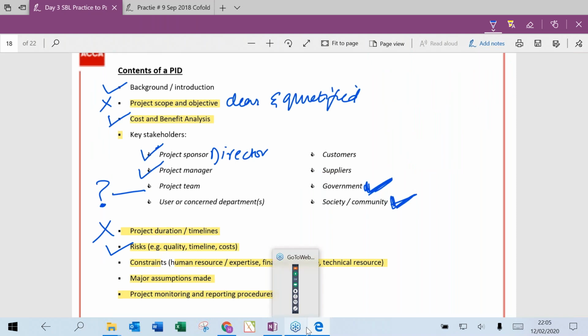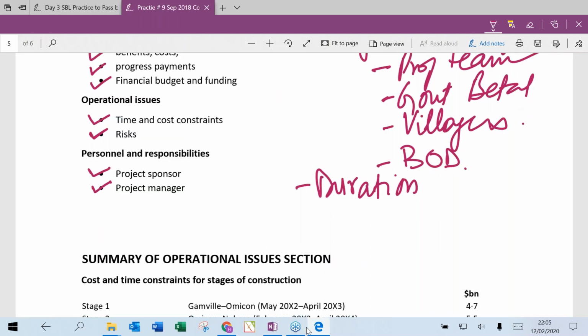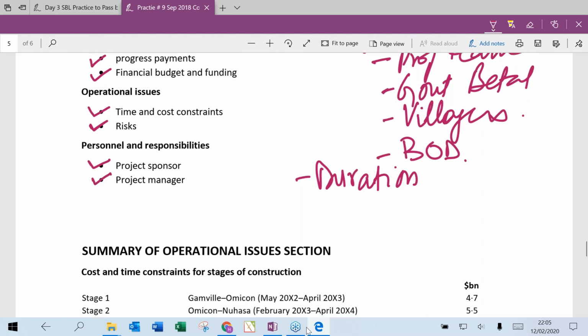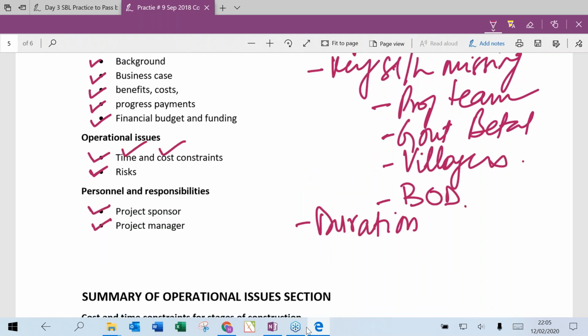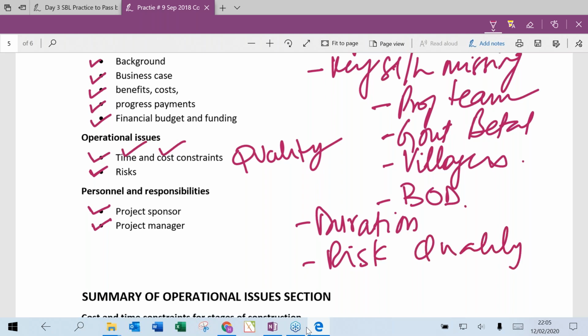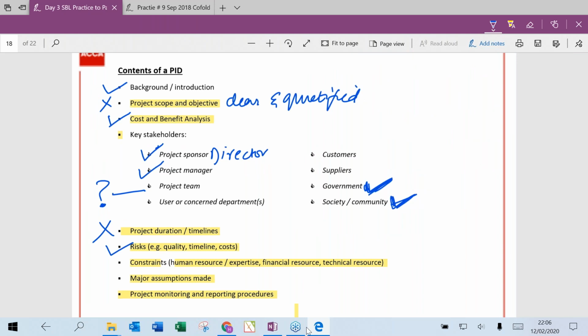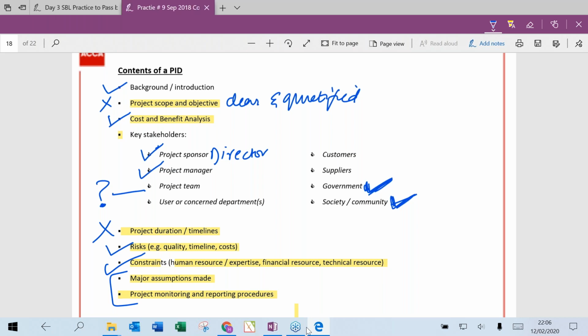Quality, time, cost. He mentioned time and cost. He did not mention quality risks. Risks relating to quality. He mentioned constraints, I believe, somewhere. Constraint is there. And major assumptions and project monitoring and reporting procedures are missing.